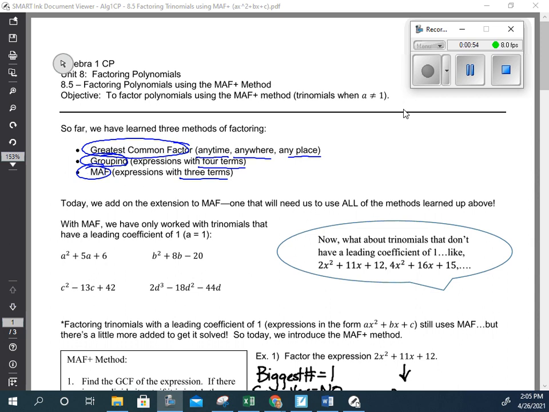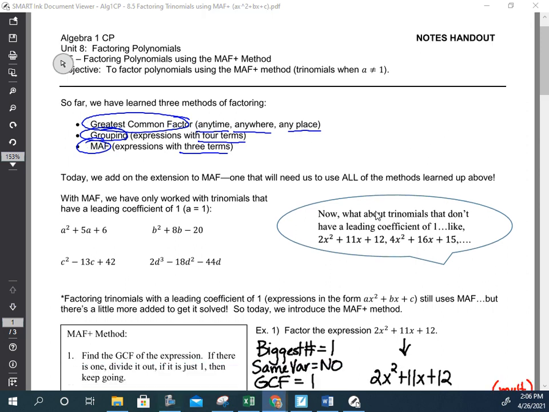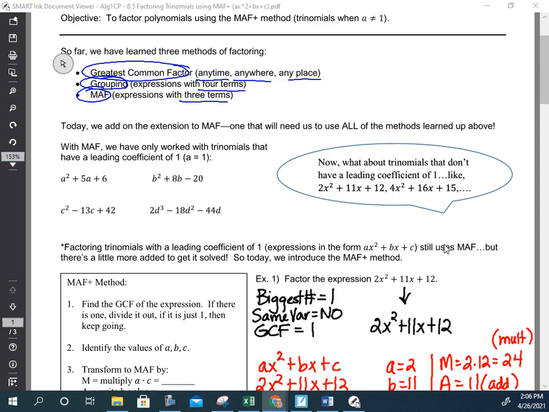So to this point, we've been primarily using MAF to get things done. And MAF works when the leading coefficient is 1. So notice that for these expressions, you have a leading coefficient of 1. Now you're probably thinking, but Mr. Lowe, look at the last one, it has a leading coefficient of 2.